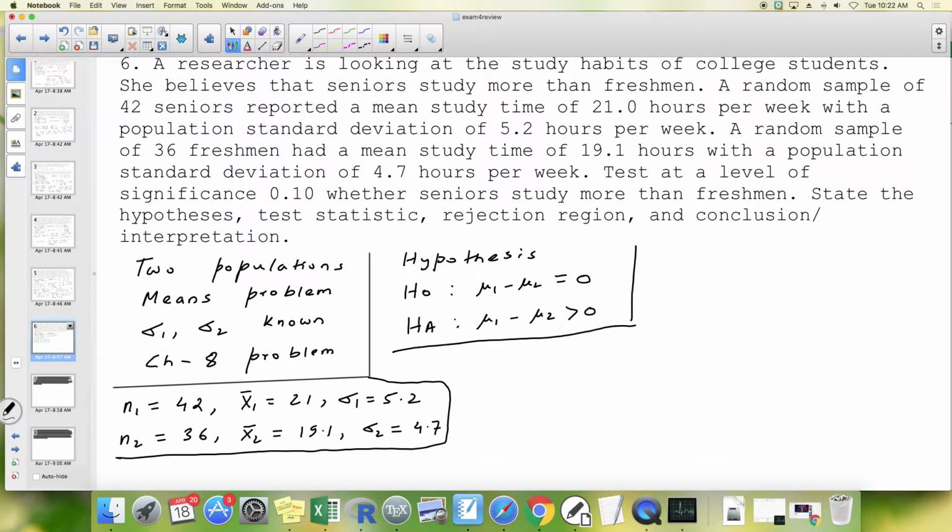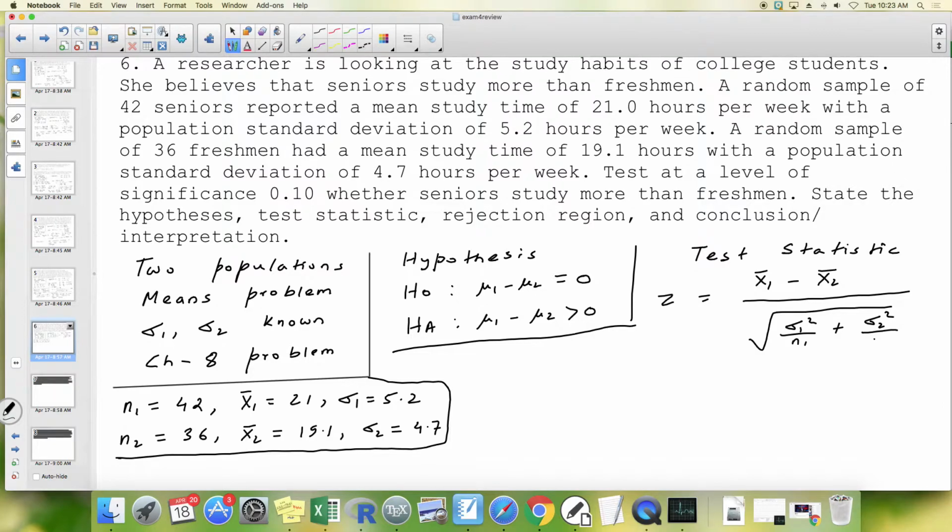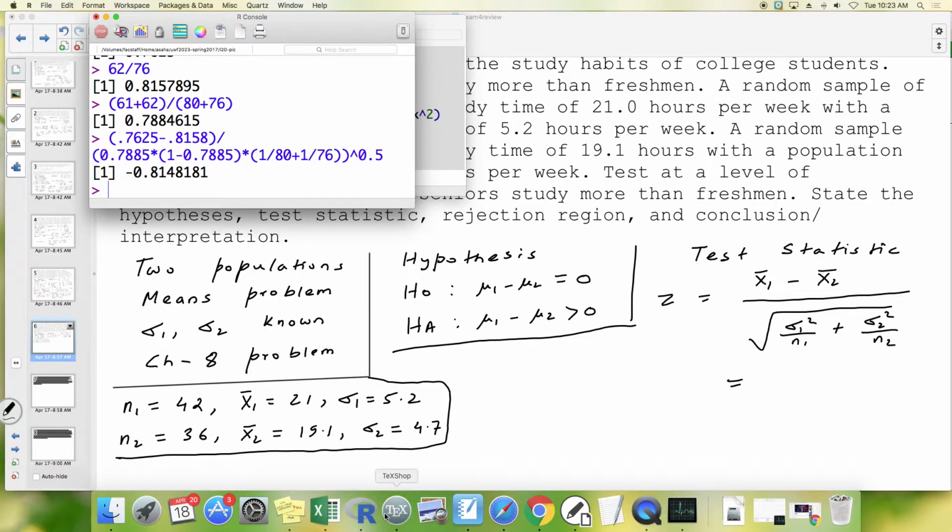Next is the test statistic. So, I mean, you can check it, but it shall be z equals x1 bar minus x2 bar divided by the square root of sigma 1 squared over n1 plus sigma 2 squared over n2. On the top is 21 minus 19.1.